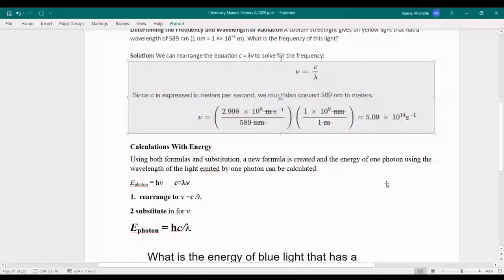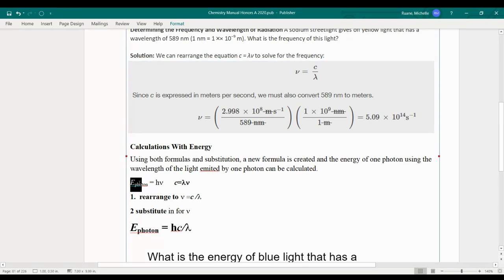So we can also figure out, based on wavelength or frequency, the type of energy. So we had these two formulas. We have the energy of the photon is the frequency times Planck's constant, okay? And then frequency times wavelength equals the speed of light.